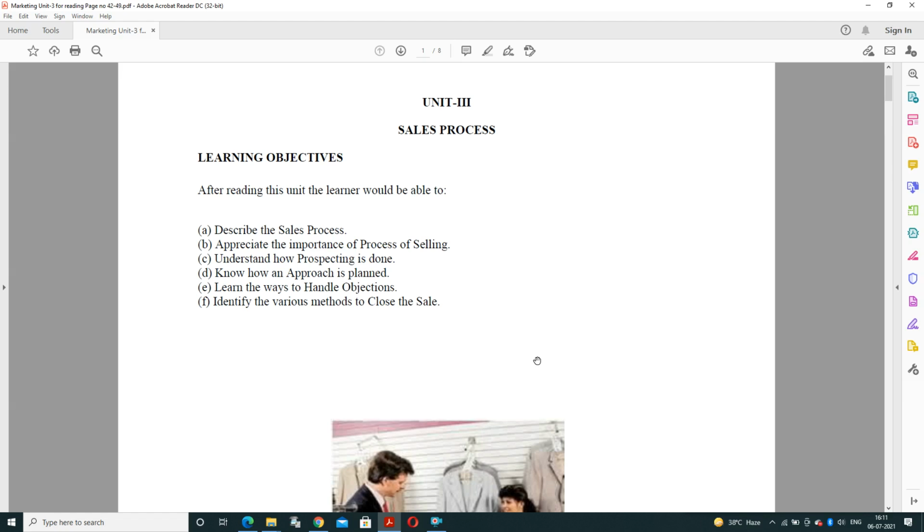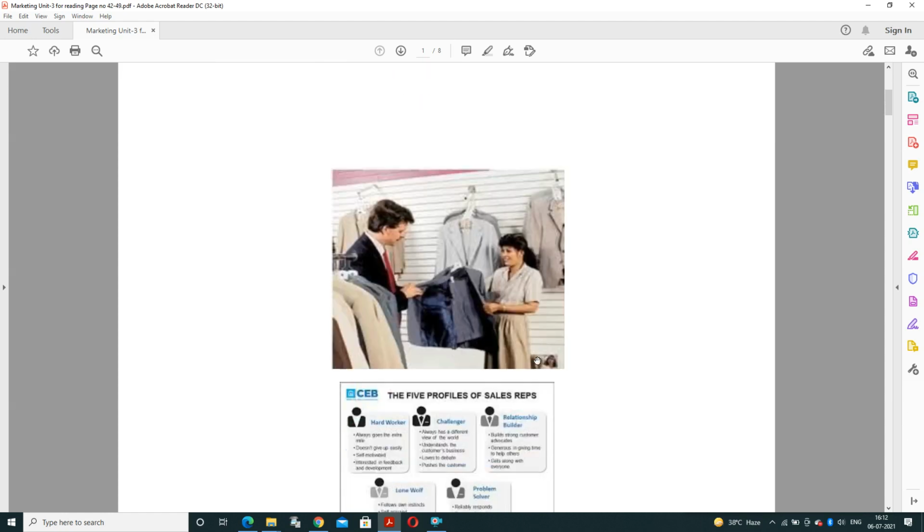After reading this unit, you will be able to describe the sales process, appreciate the importance of the process of selling, understand how prospecting is done in a business environment, know how an approach is planned, learn the ways to handle the objections raised by customers, and finally, identify the various methods to complete the sale, also known as closing the sale. So let's start with today's session.